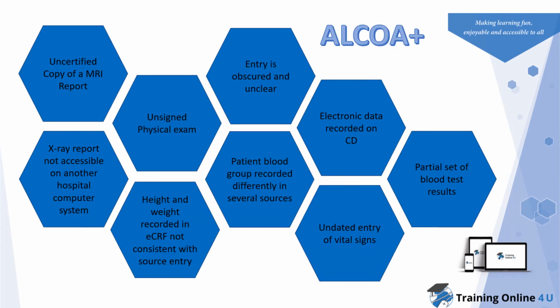Next, let's work with the following examples and see which attributes of ALCOA Plus are being violated. Firstly, uncertified copy of MRI report. Of course, this is the original attribute which is being violated. Next, unsigned physical exam.